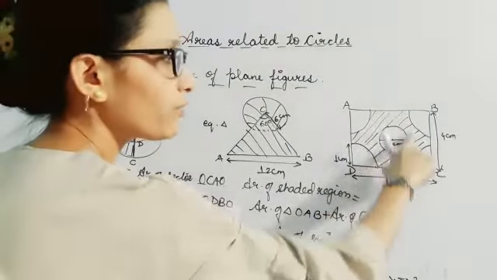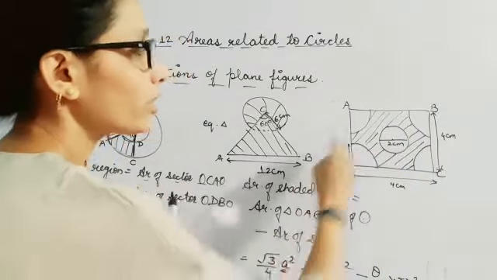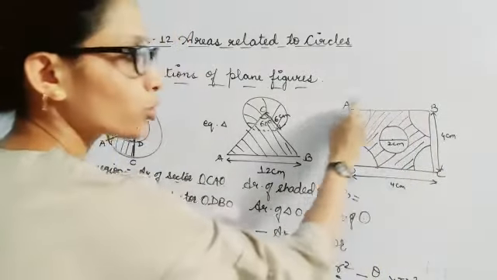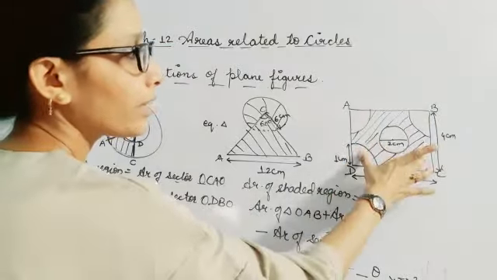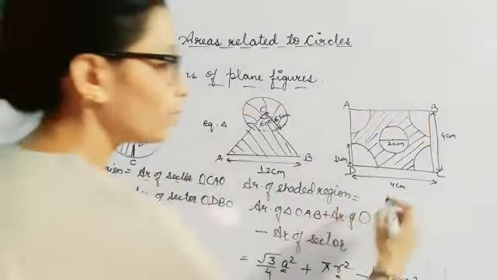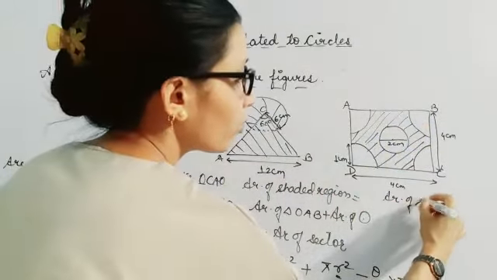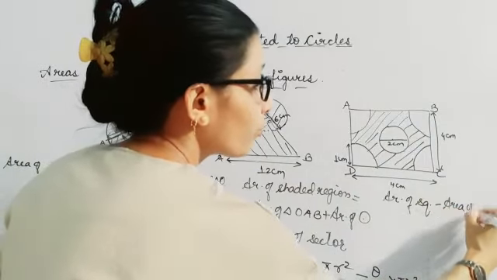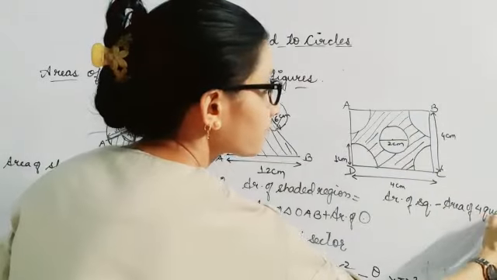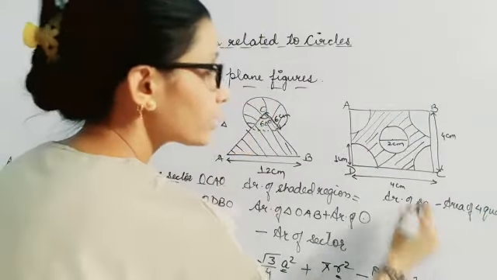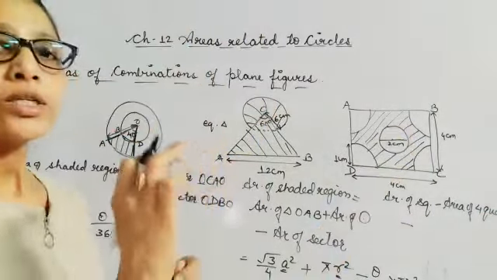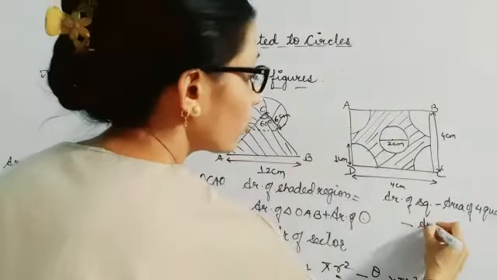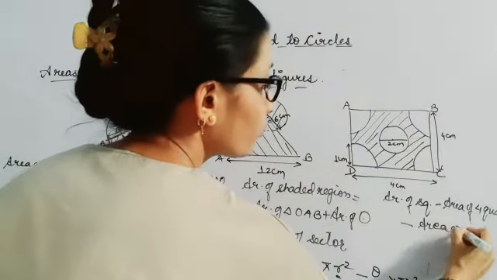Here you will be finding out the area of the shaded region by taking area of square minus area of 4 quadrants, and then minus this, which again is a circle, so I'll be writing it as area of circle.